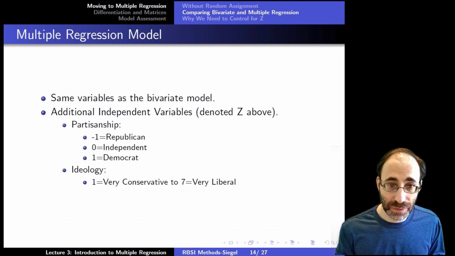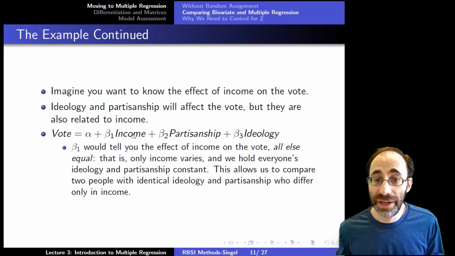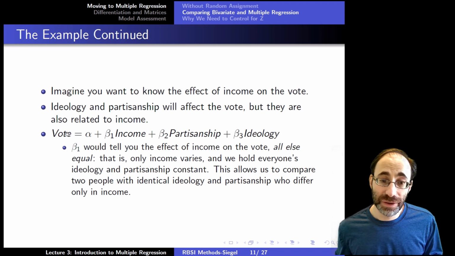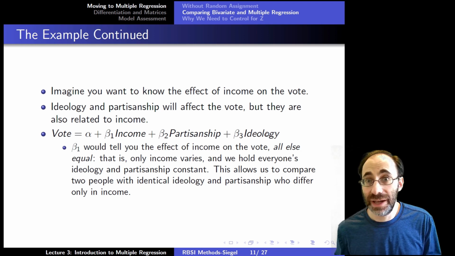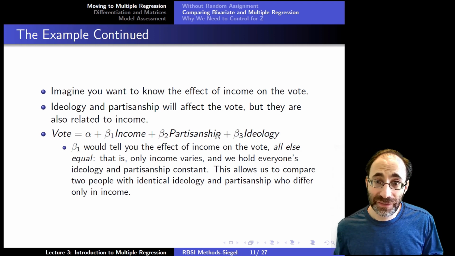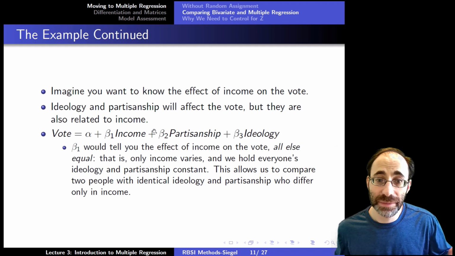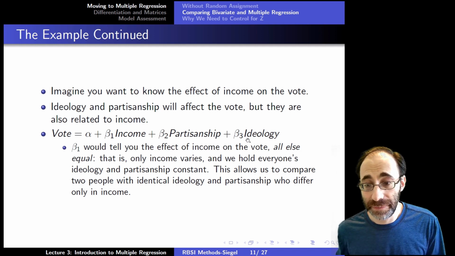Well, keep in mind now, your regression equation looks like this. Over here, if I want to predict vote, I need to insert the constant, the income times its coefficient, but also the partisanship times its coefficient, and the ideology times its coefficient. When I do that, if I'm just trying to understand how the lowest income category works, I need to pick values for partisanship and ideology.